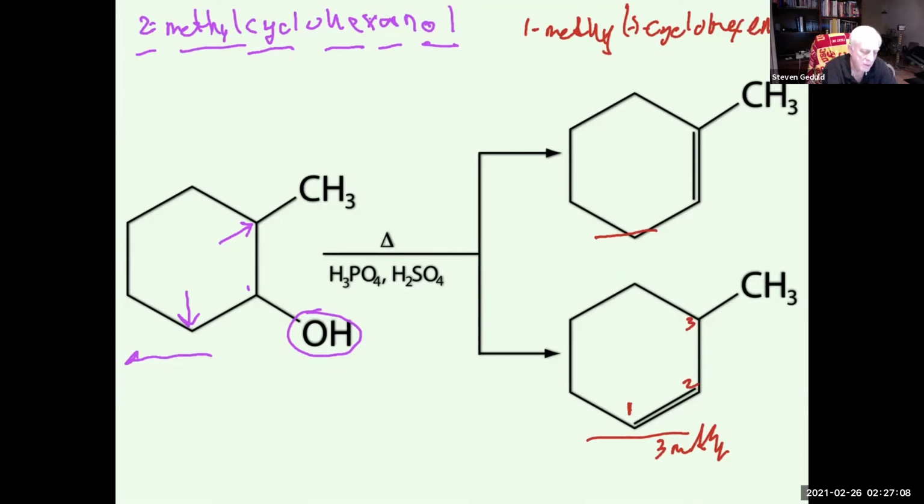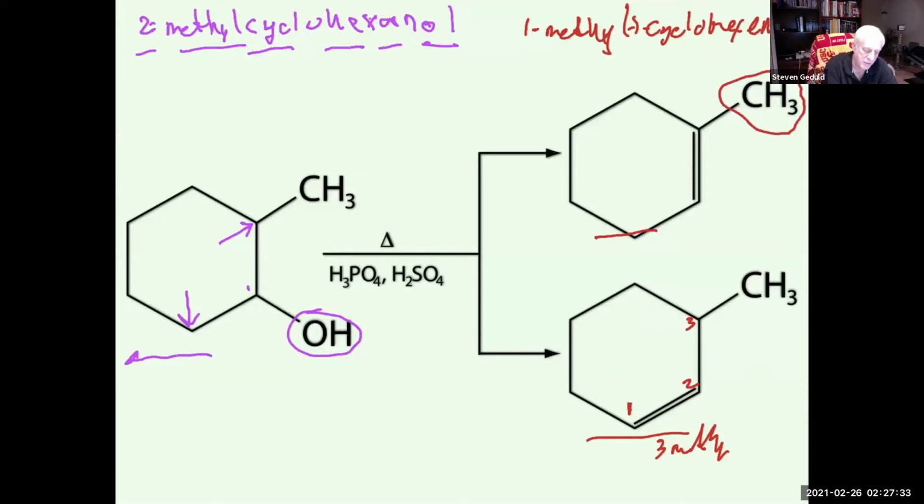Okay. Which one is the major product? The top one or the bottom one? Remember, carbon likes carbon. So which one has the most carbons attached to the double bond? Right there, right?